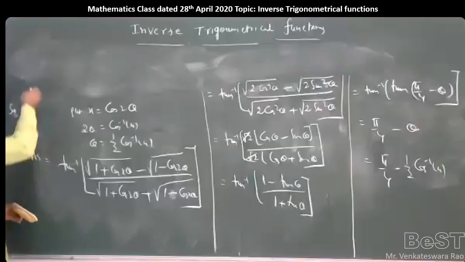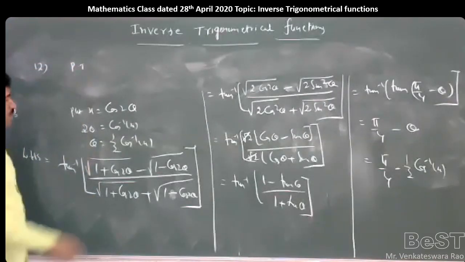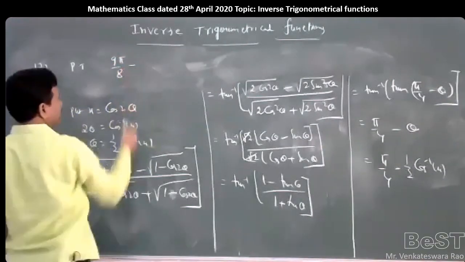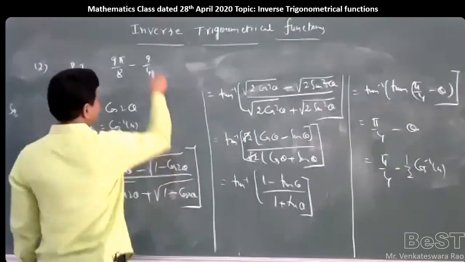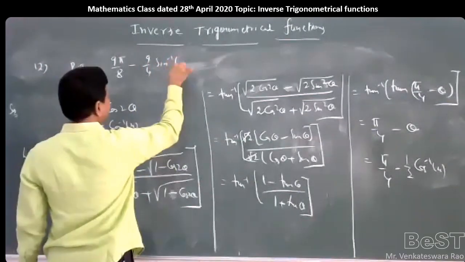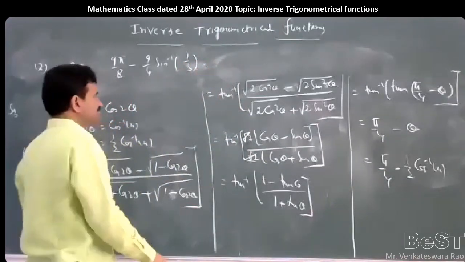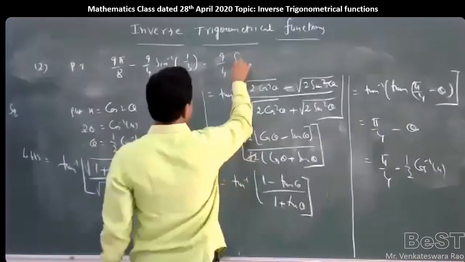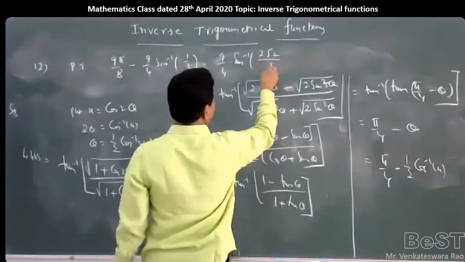Prove that 9 pi by 8 minus 9 by 4 sin inverse of 1 by 3 is equal to 9 by 4 sin inverse of 2 root 2 by 3.